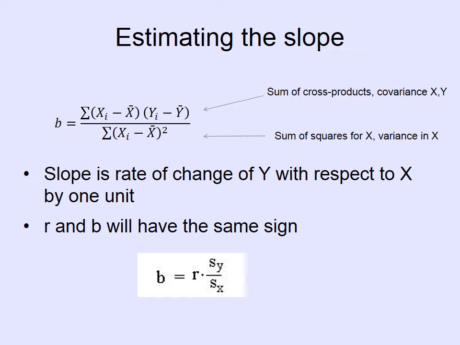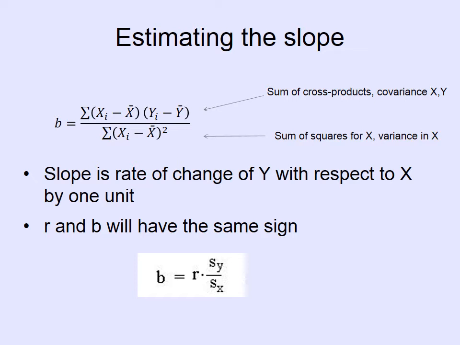But this time we're looking at that as a ratio of that covariance in x and y over the variance in x, because we're saying that as x changes, that relationship between x and y should change. So the slope is the rate of change of y with respect to x by 1 unit.